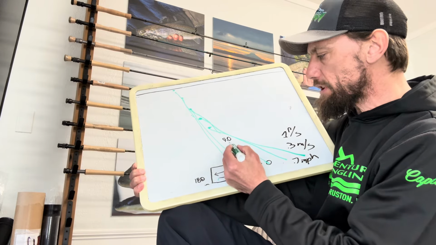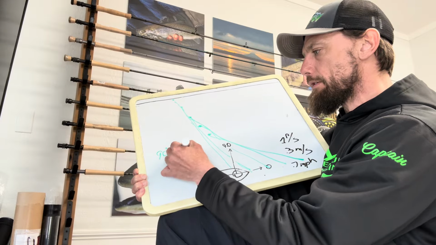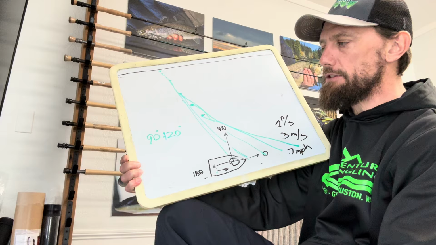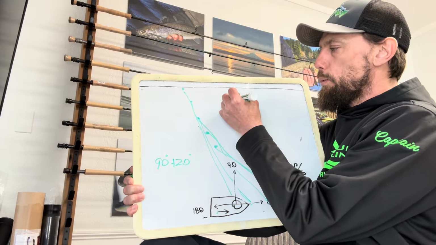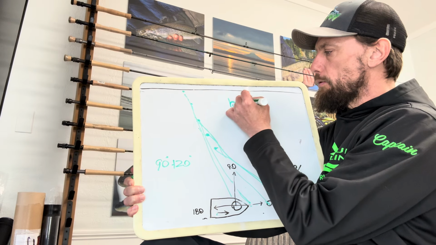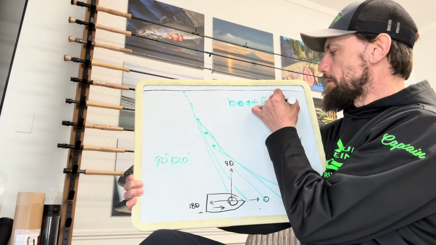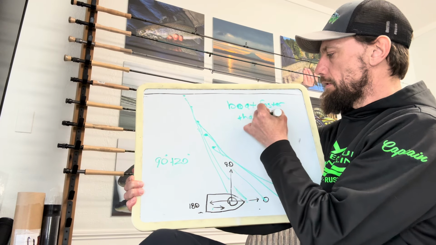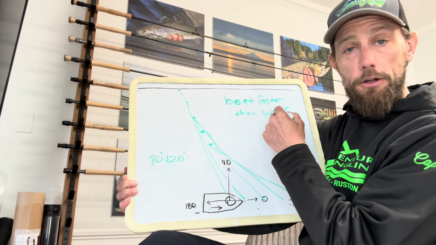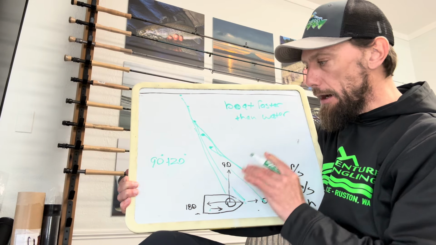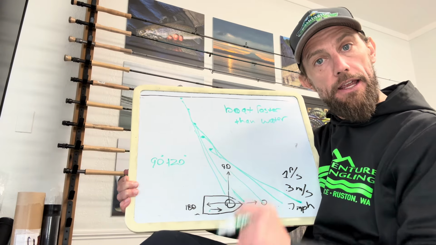You want every cast to be between 90 and 120 degrees when the boat is going faster than the water. If the boat is faster than the water, you need to cast at an obtuse angle so that you can maintain line control through contact.